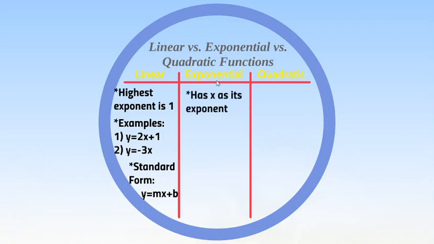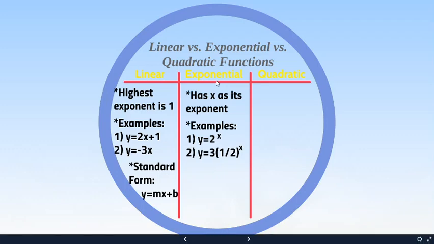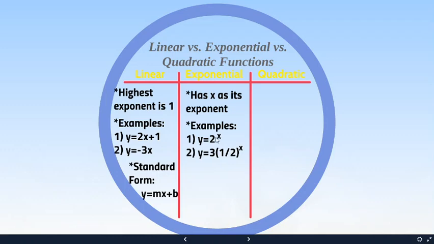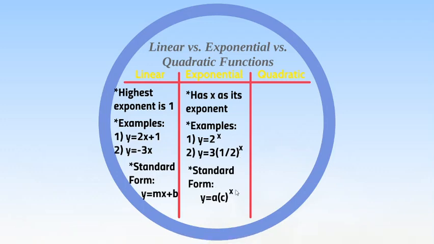So it has x as its exponent. You guys have seen these. We're exponential pros. Examples are like 2 to the x power, or y equals 3 times 1/2 to the x power. So in this case, your exponent is going to have the x. And your standard form is y equals a times c to the x, which you guys have seen before in this unit.